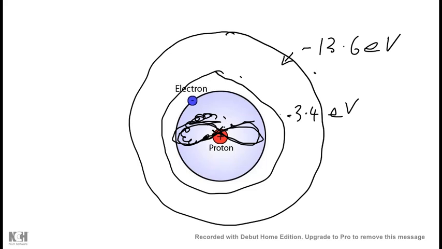And if there is another atom that's receptive to receive this extra energy, this energy between minus 13.6 and minus 3.4 will give you 10.2 electron volts, which will be instantly transferred.